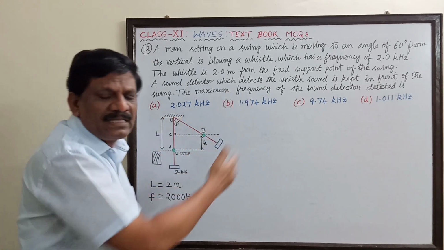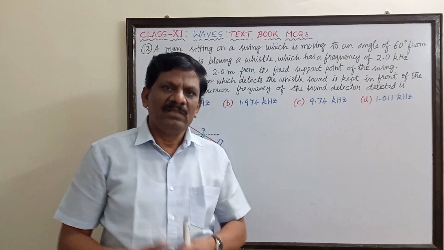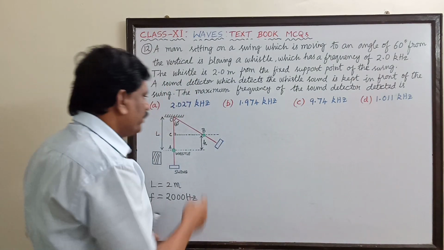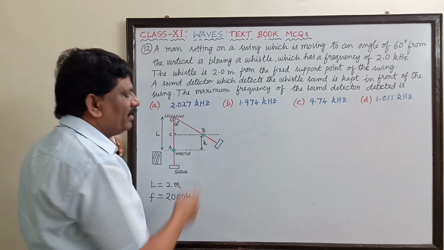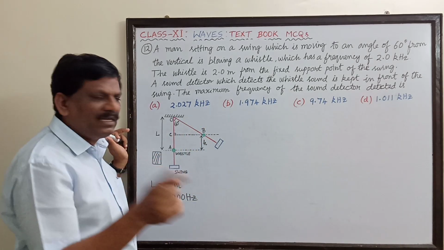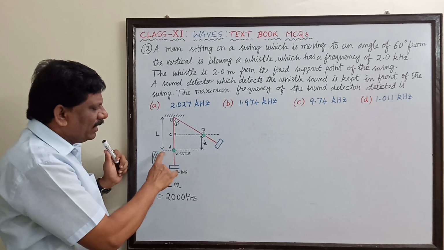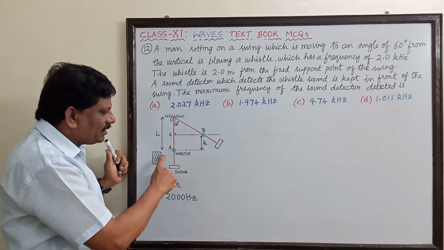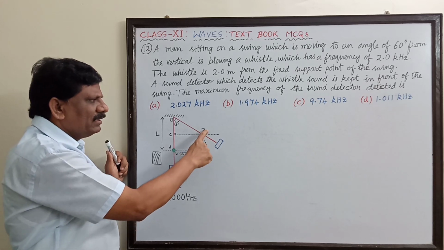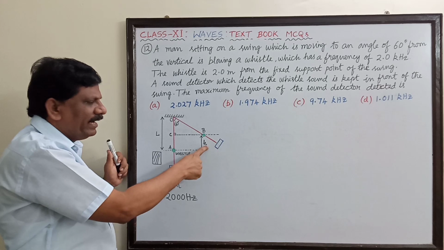Now when the swing is oscillating, what is going to happen to the whistle? The whistle also oscillates along with the swing. You can see the next position of the whistle at B. This is the extreme position of the whistle. With respect to the horizontal level at A, the horizontal level at B has raised by a height h.